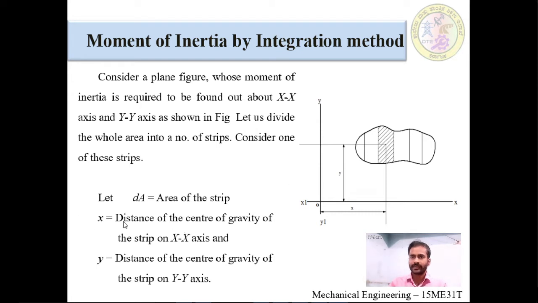And x is the distance of the center of gravity of the strip. This point is the center of gravity of the area. And x is the distance between the center of gravity of the strip and the x axis. And y is the distance of center of gravity of the strip on y axis.